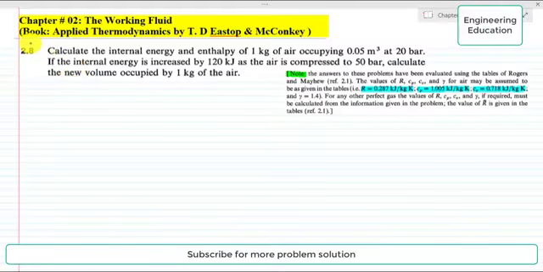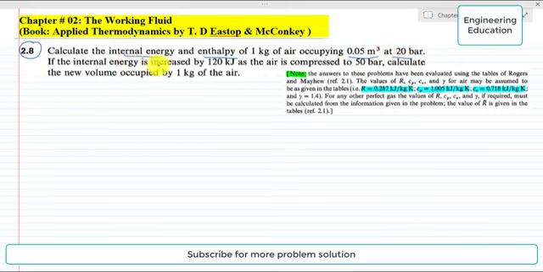In this lecture we are going to solve problem 2.8 from chapter 2, the working fluid, in the book Applied Thermodynamics by T.D Eastop and McConkey. The statement of the problem is: calculate the internal energy and enthalpy of 1 kg of air occupying 0.05 cubic meter at 20 bar.